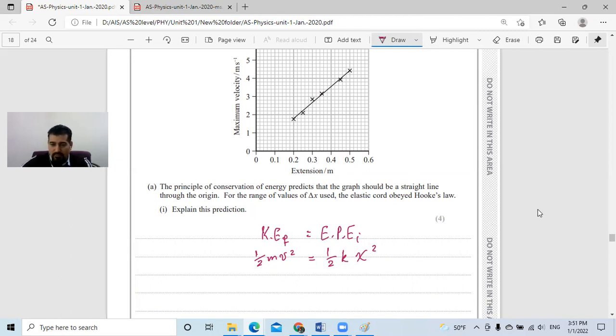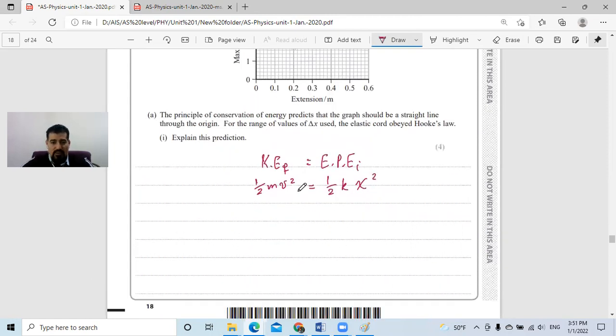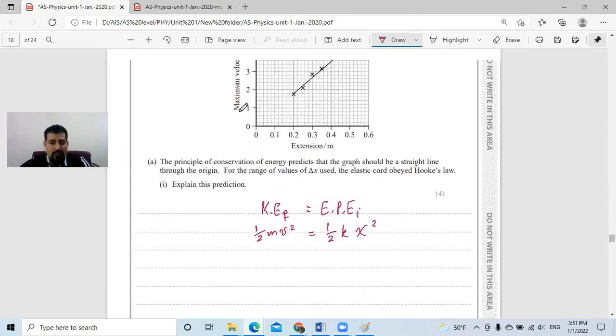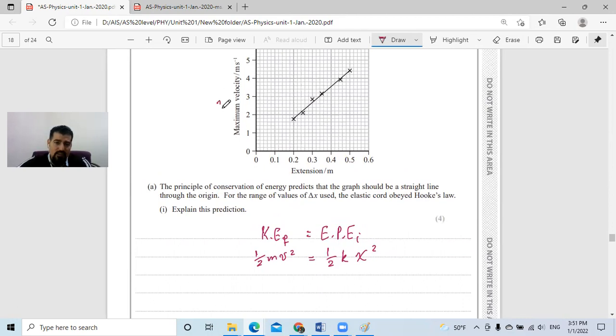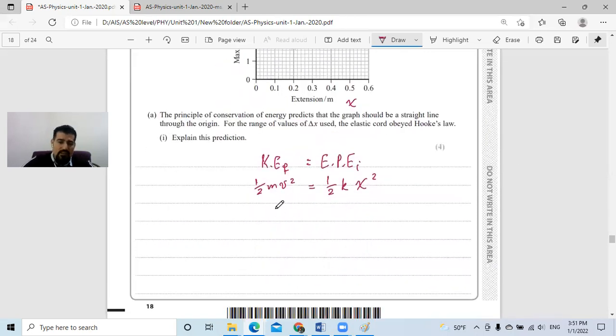So let's continue. Half with half cancel out each other. Can we make v the subject of the formula? Look, what is the subject of the formula? V on the y-axis, and the extension x. Can I make it a linear equation? Let's see. v squared equals k over m times x squared, so v equals the square root of k over m times x, which is y equals mx plus c.